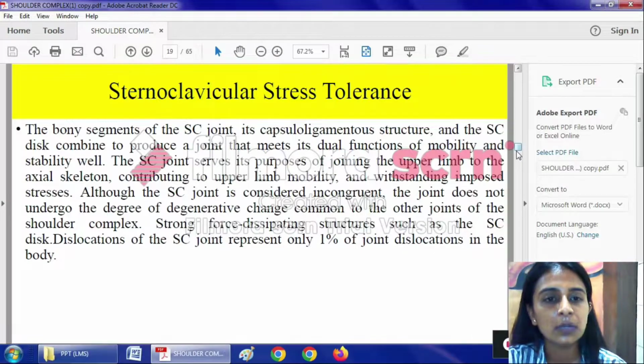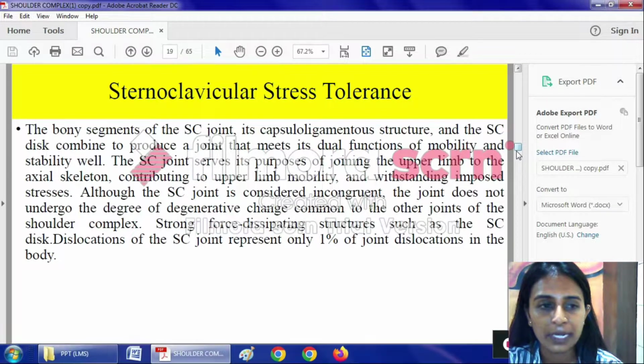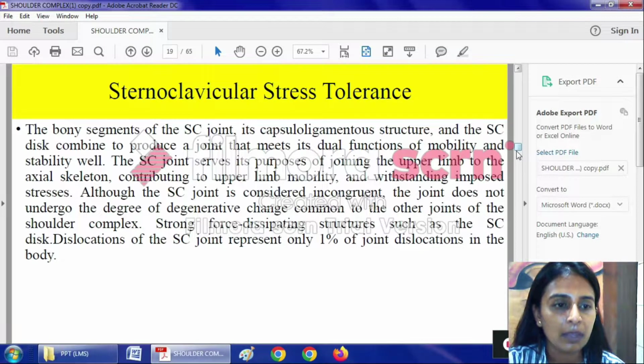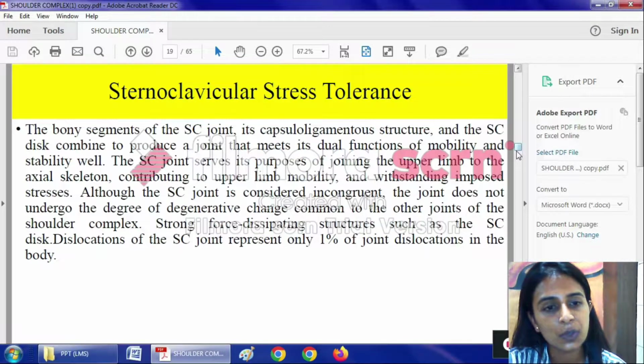Now, sternoclavicular stress tolerance. The bony segment of the SC joint, its capsulo-ligamentous structure and the SC disc combine to produce a joint that meets its dual function of mobility and stability. The SC joint serves its purpose of joining the upper limb to the axial skeleton, contributing to upper limb mobility and withstanding imposed stress.